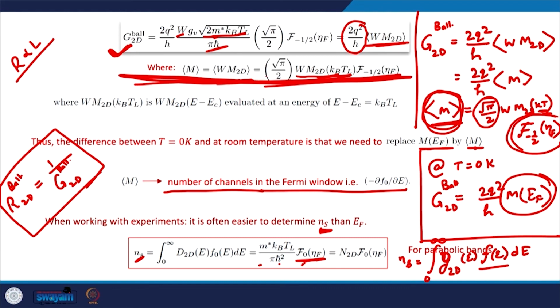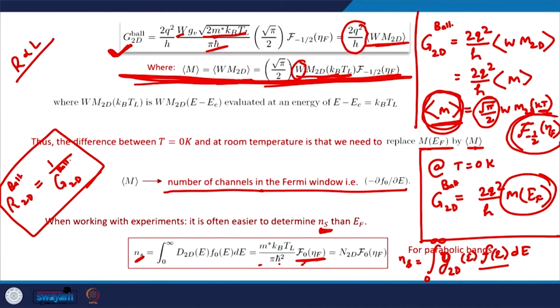And similarly we can also see for 1D and 3D conductors that resistance is independent of the length of the conductor. It is inversely proportional to the width, because the conductance is directly proportional to the width. So, the resistance will be inversely proportional to the width of the conductor.